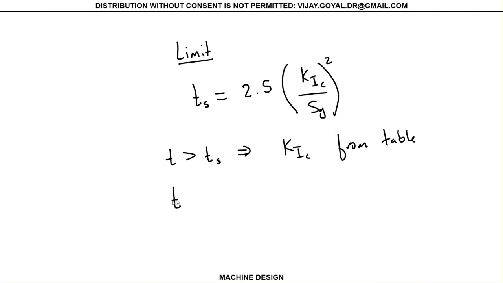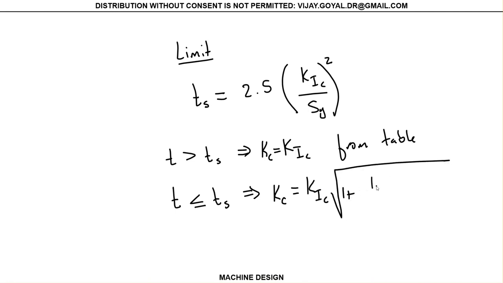Now, if your t is less than or equal to ts, then use kc equal to KIC times the square root of 1 plus 1.4 t squared KIC divided by sigma yield to the fourth.